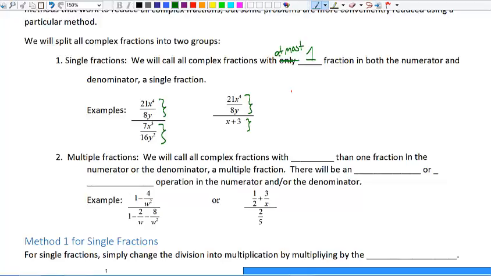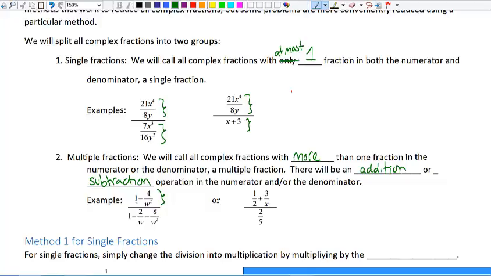For multiple fractions, we will call all complex fractions with more than one fraction in the numerator or denominator multiple fractions. There will have to be an addition sign or a subtraction operation in the numerator or denominator. So this one right here has a fraction, but it also has another term.